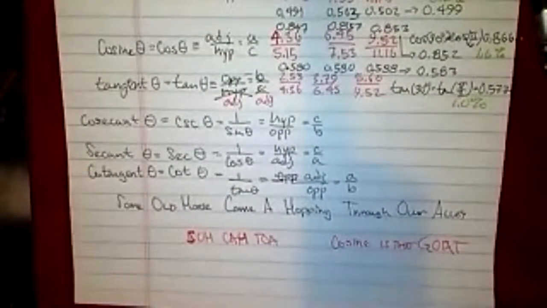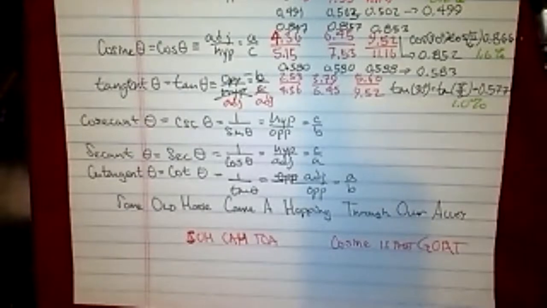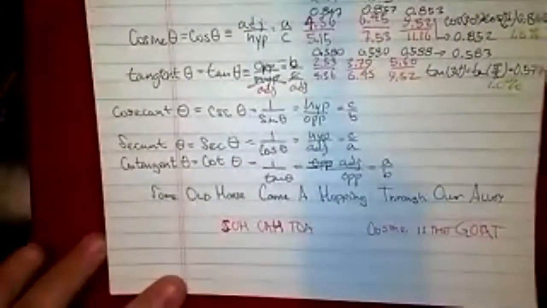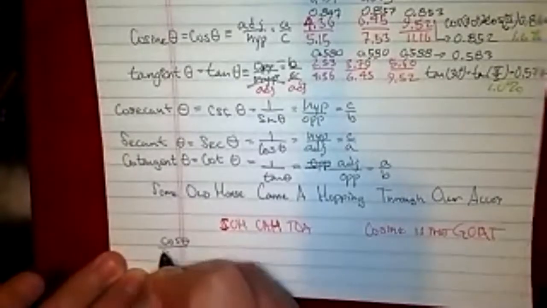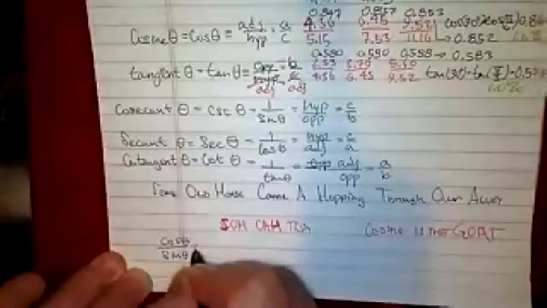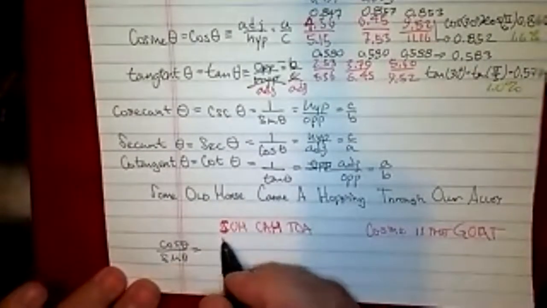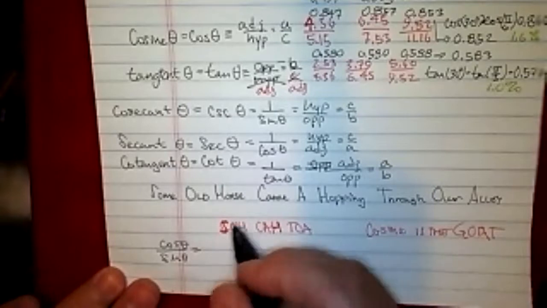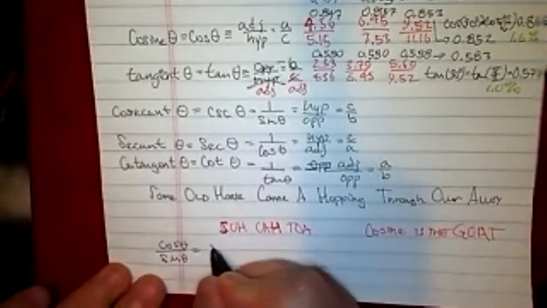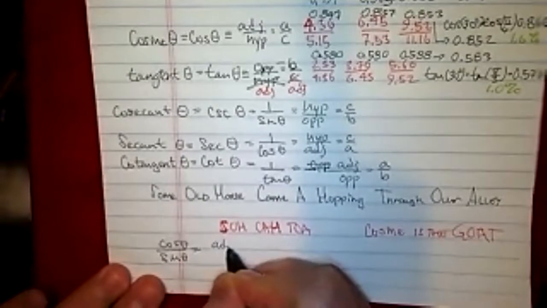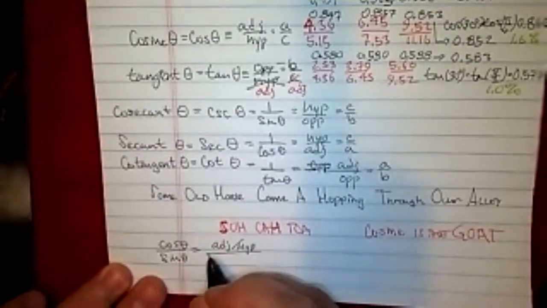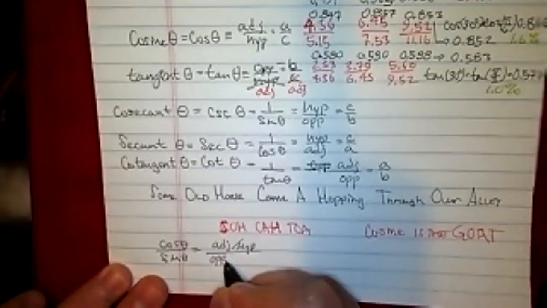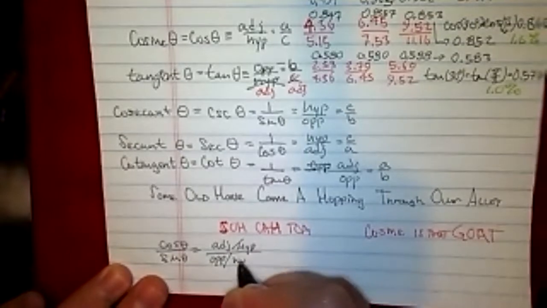Once you look at that, you can also see some neat little things. Like it turns out that if you take cosine theta and divide it by the sine of theta, well, cosine theta is adjacent over hypotenuse, and sine theta is opposite over hypotenuse.